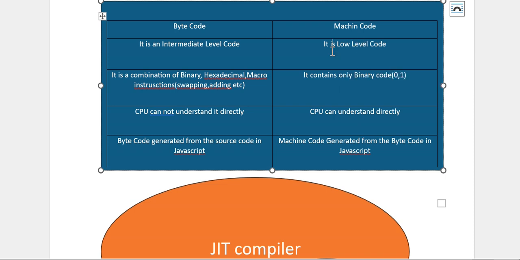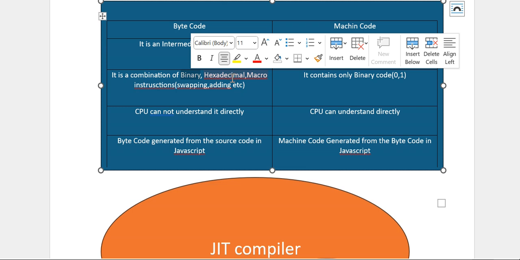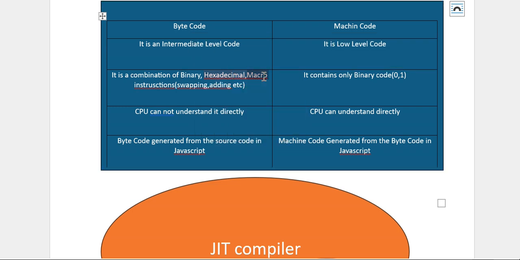The second point is how bytecode and machine code look. Bytecode is a combination of binary, hexadecimal, and macro instructions like swapping and adding, and so on. Machine code is only a combination of binary code. Binary code means 0 and 1.